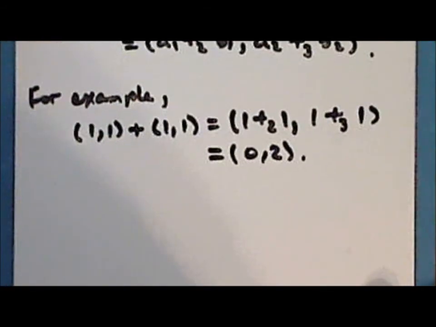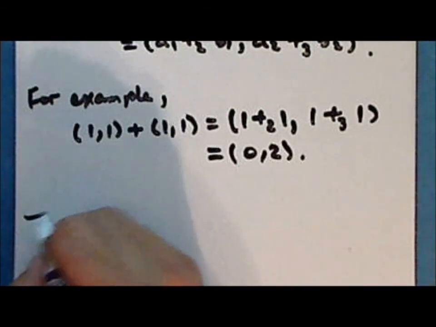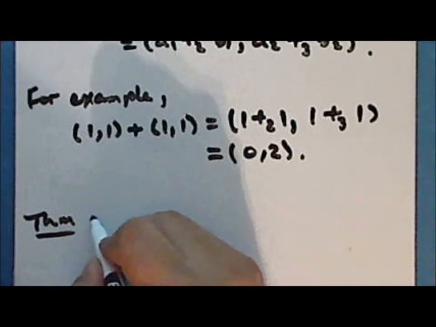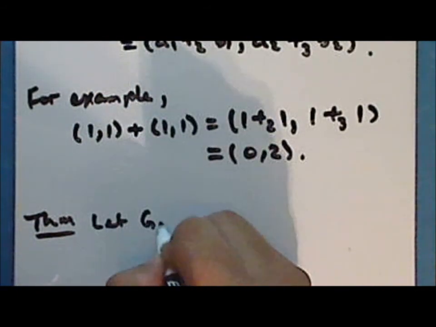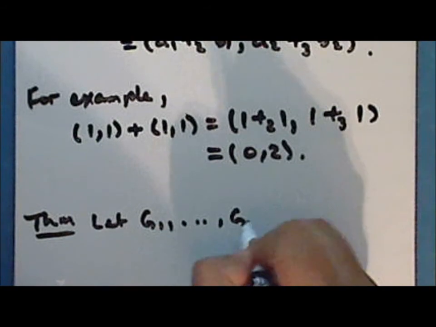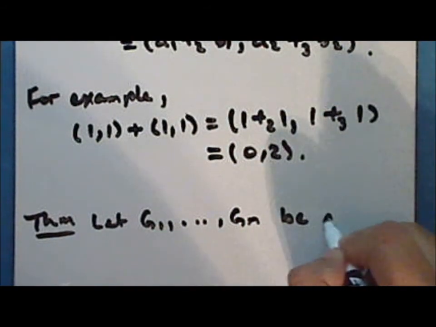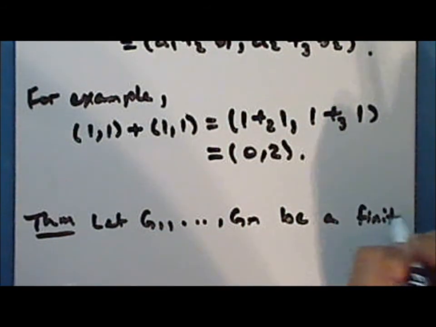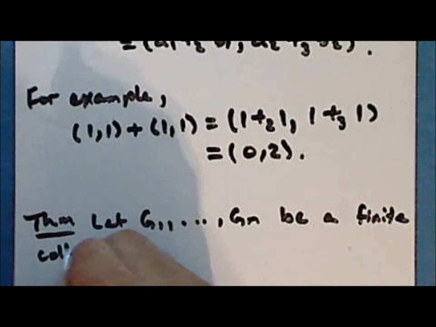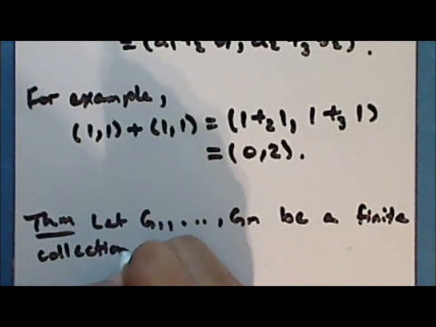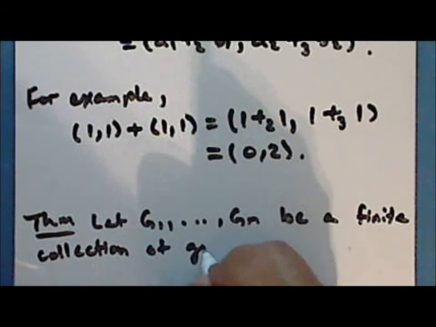Okay, so now we'll prove a theorem. Again, let G sub 1 through G sub n be a finite collection of groups.